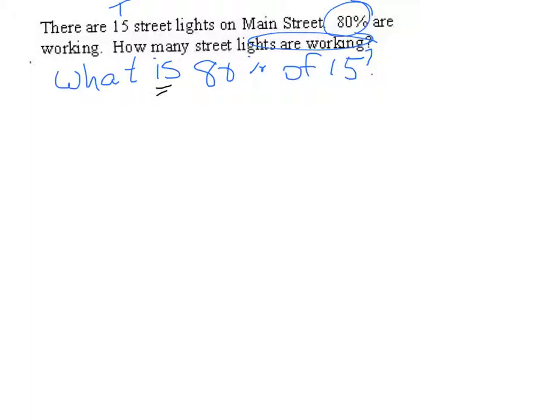Okay, is always means equals, of always means times, and I can write 80% as a decimal, move my decimal 2 places. So I'm going to have n equals 0.8 times 15. And all that's left is to type it in the calculator. And I get 12 streetlights that work.